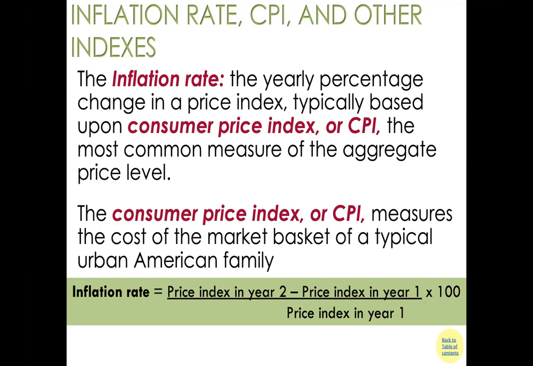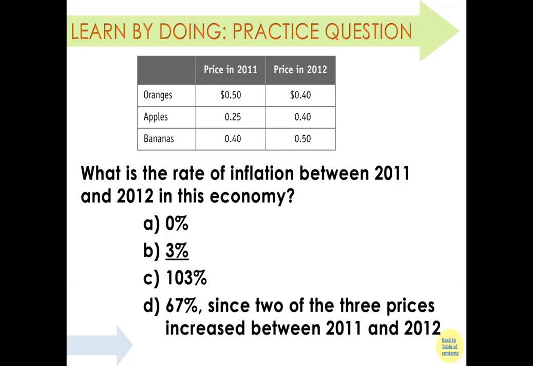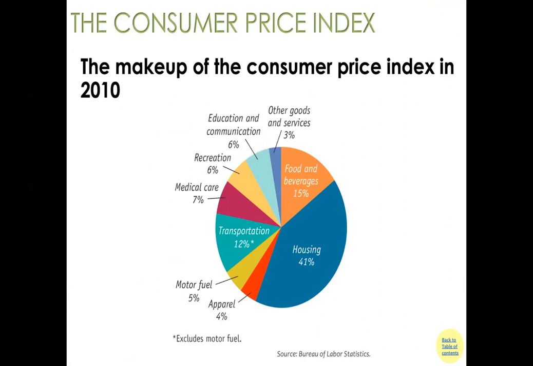All right, let me show you what the basket looks like, and then we return to the previous slide. This is the makeup of the consumer price index in 2010; in other words, this is what is included in the market basket used to compute the consumer price index.